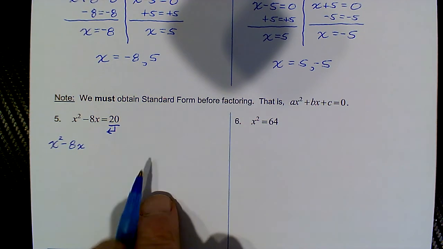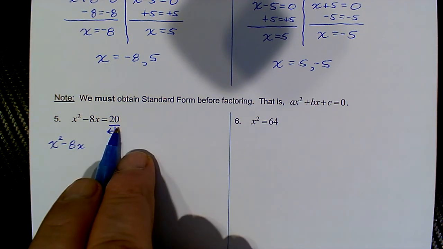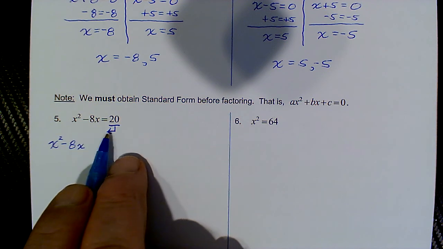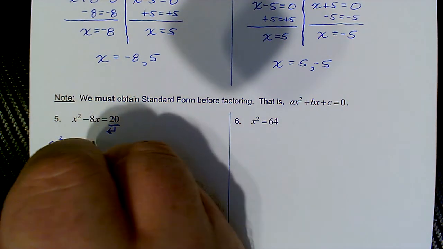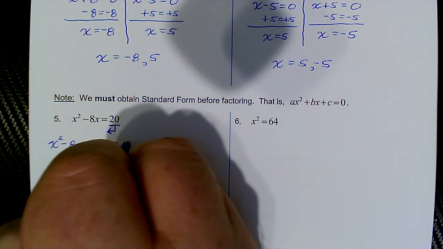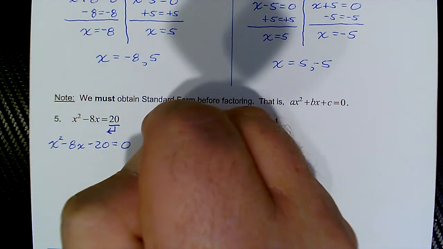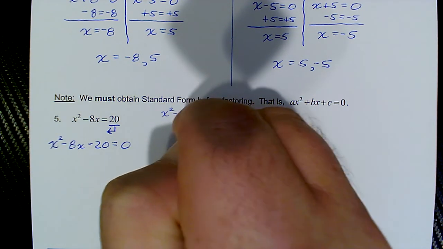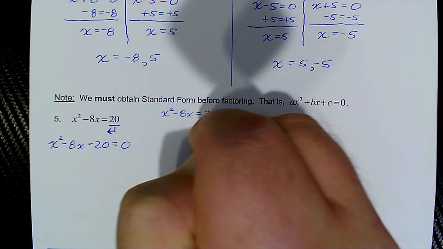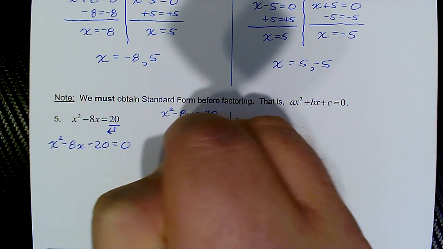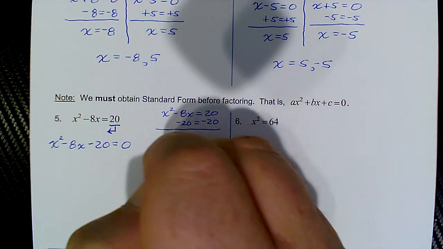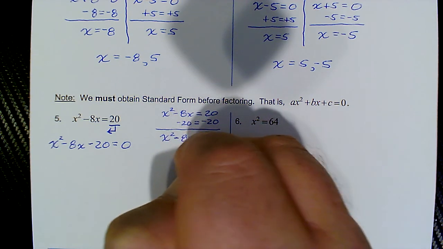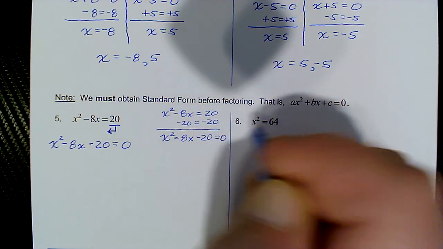Or in this case, since it was a positive 20, moving it to the left-hand side, I'm subtracting 20, just like we did literally. And then that's set equal to 0. Or, actually, let me squeeze it in and show it here. If you have x squared minus 8x, I'm going to do the same thing I did on the scrap. Subtract 20, subtract 20. But then once again, we can't combine, so x squared minus 8x minus 20, and that's equal to 0.